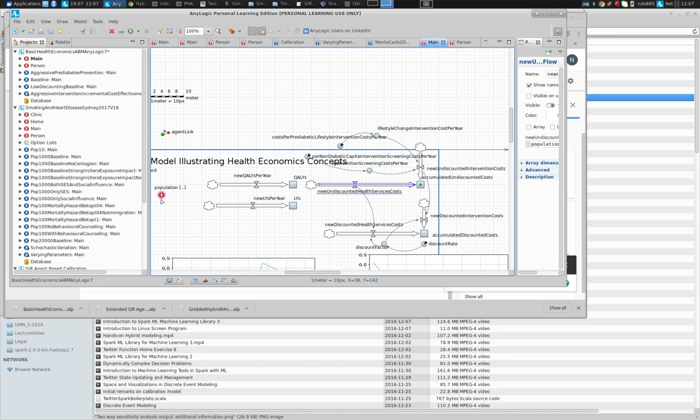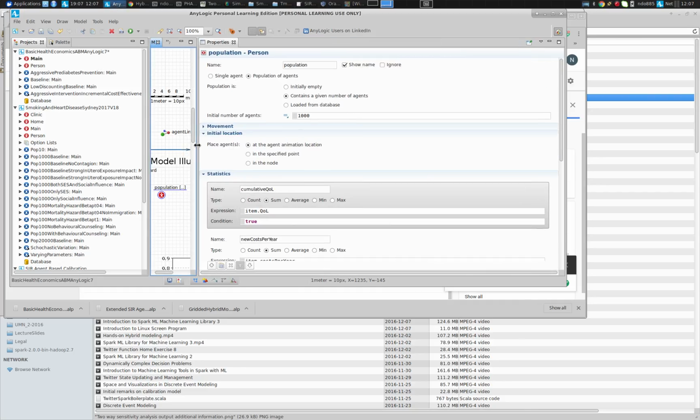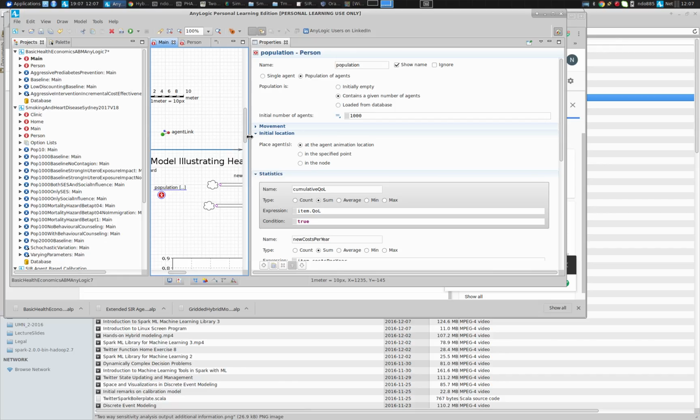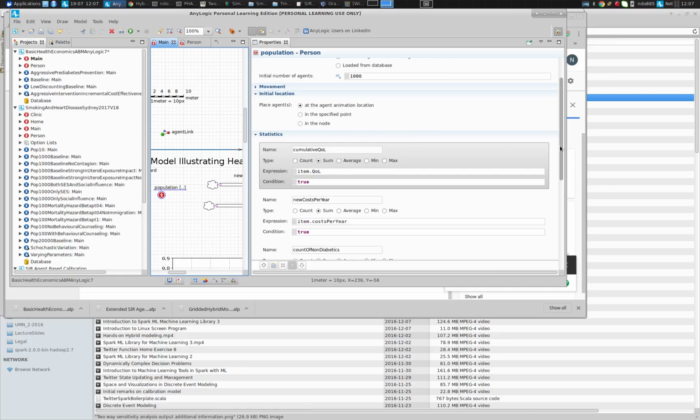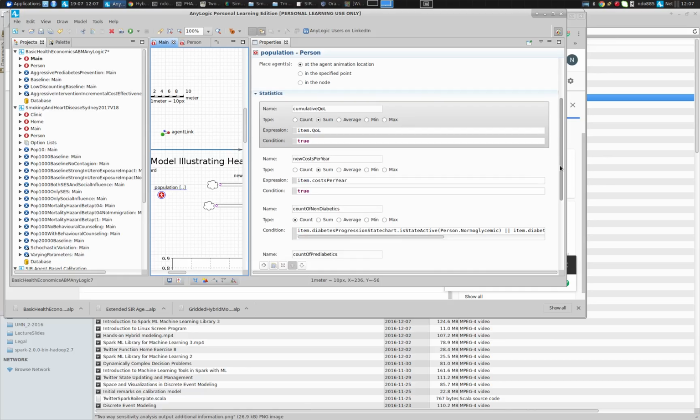And wherein do the statistics live? Population. Let's go to the population. Let us now turn our gaze to the population. Okay. Ladies and gentlemen, let's go to the population here and look down at the statistics area.